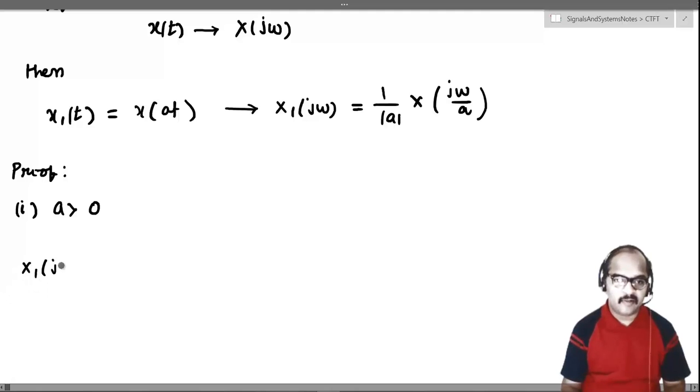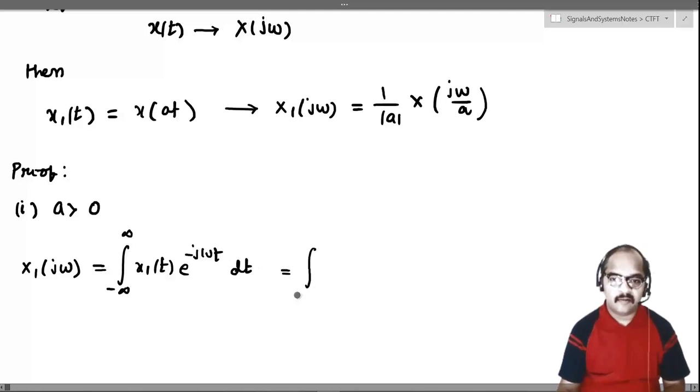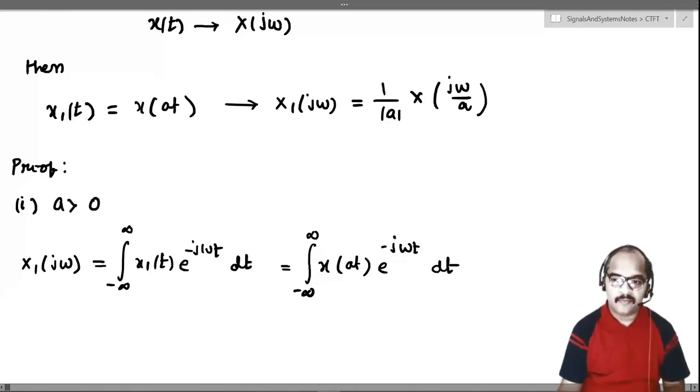Hence we write x1 of j omega equal to integral minus infinity to infinity x1 of t multiplied with e power minus j omega t dt, which is equal to integral minus infinity to infinity x of at multiplied with e power minus j omega t dt.